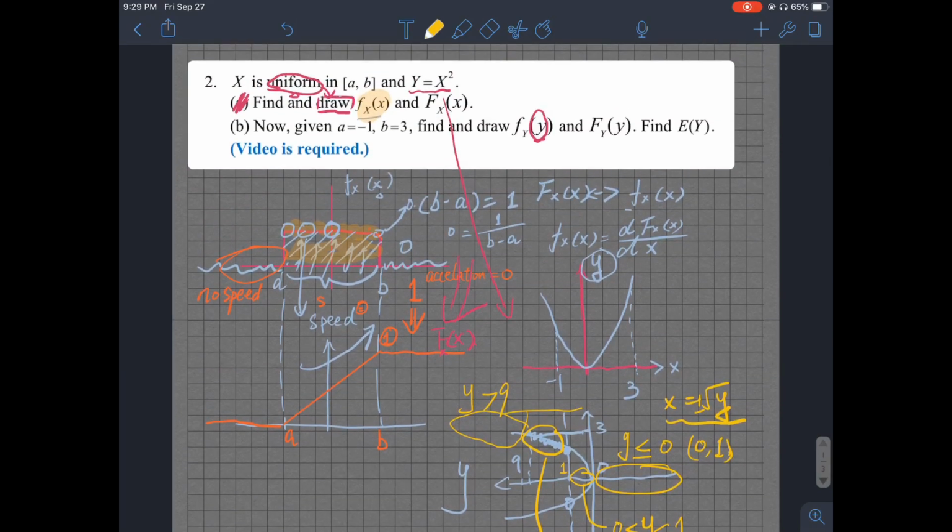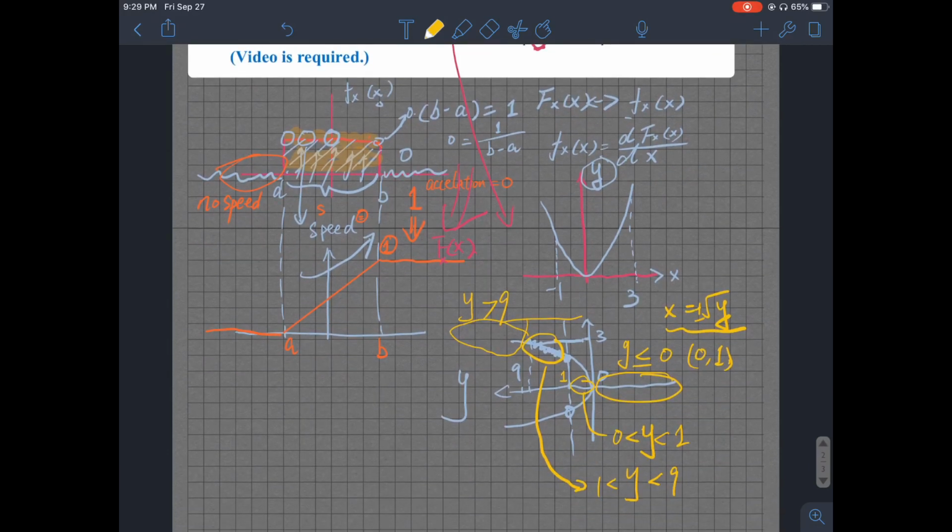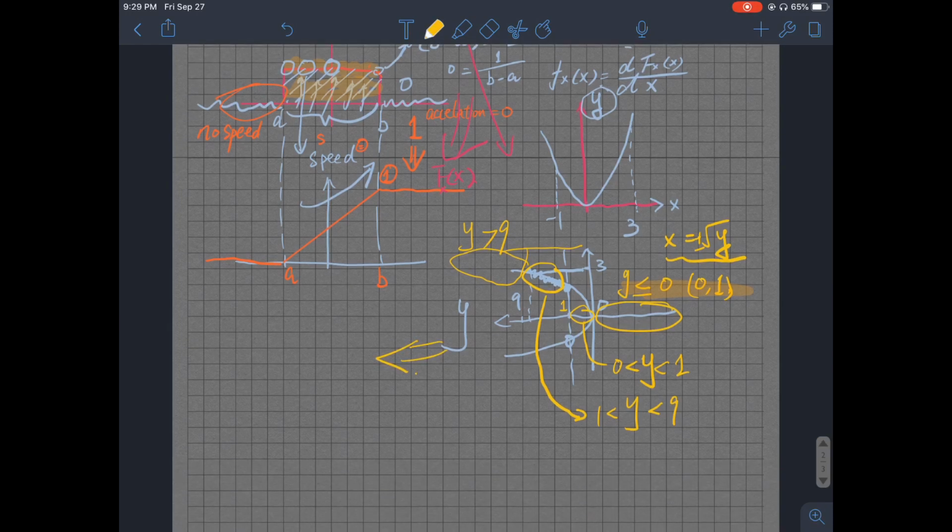Now we have all the information, so we can summarize. For y greater than 0 and less than 1, we have two roots.